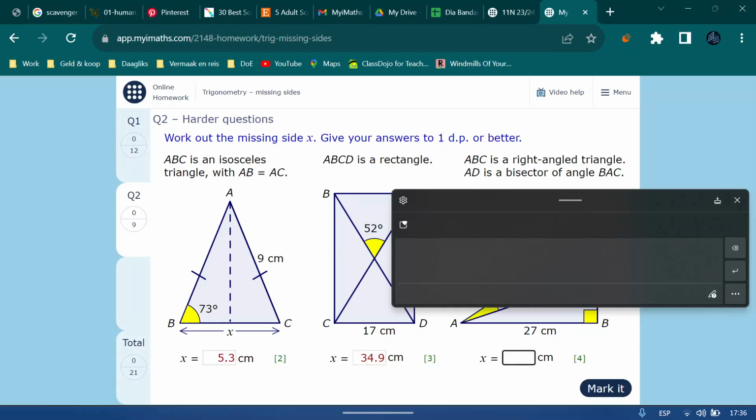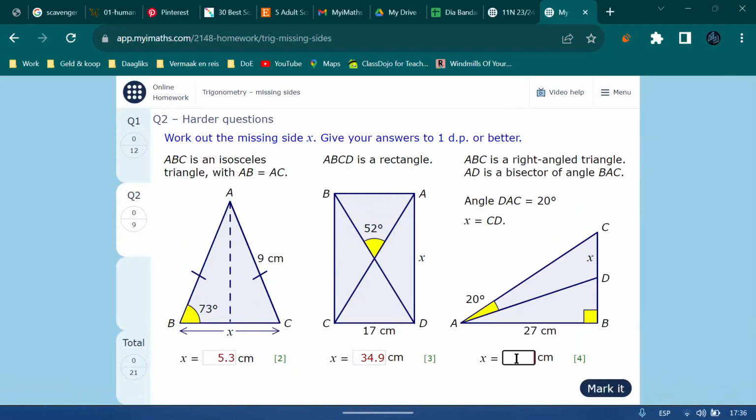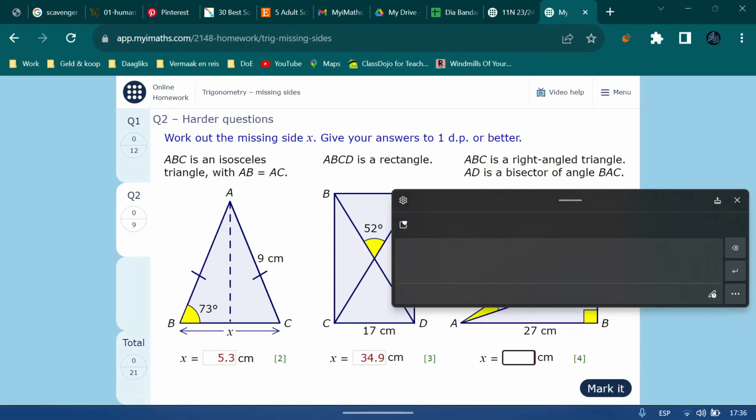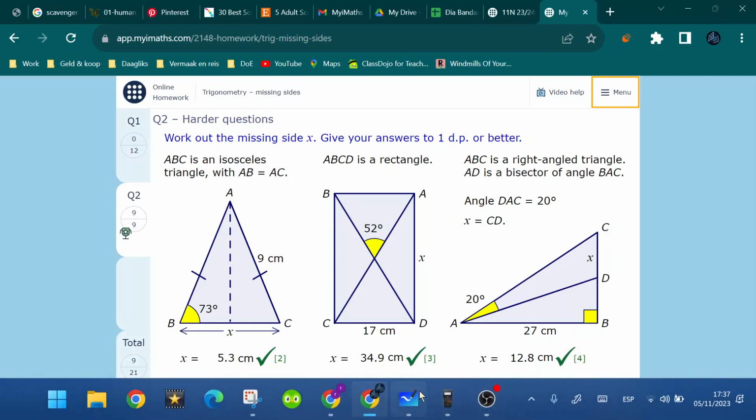Yeah, that's it, 34.9. And the last one, 12.8. Yes, 9 out of 9. We know it's right. We've done it. Everybody can do it. Well done.